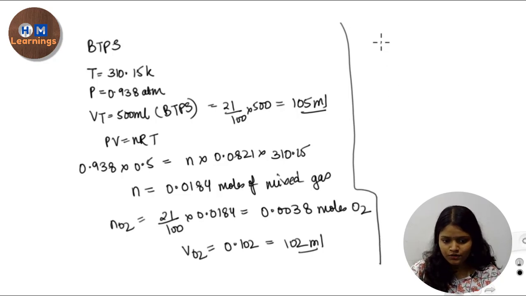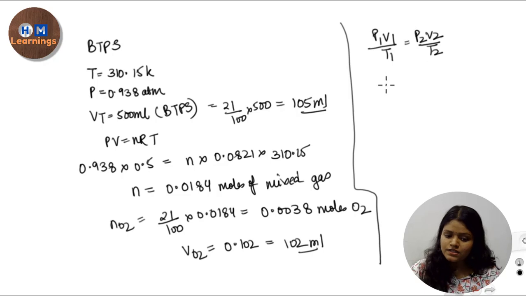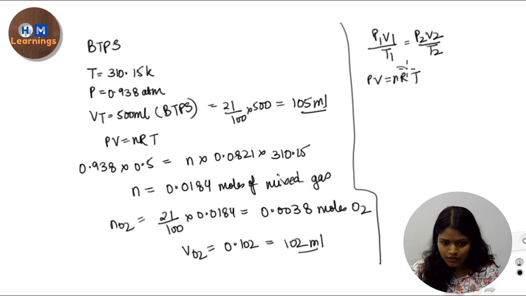Now I have told you that there was one formula, P1V1 divided by T1 is equal to P2V2 divided by T2. So how does this formula come? Basically we know PV = nRT, and we know that n, the number of moles, and R are constant. So we can put it as a constant.